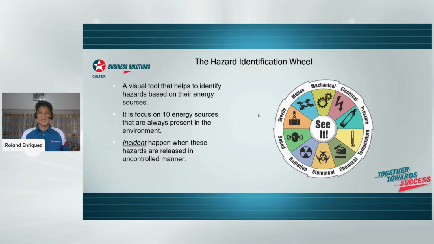If you touch an exposed electrical wire, there's a potential for you to get electrocuted. Biological, well, a good example is very timely right now, the COVID thing, right? If you are not yet vaccinated and you're not wearing your face shield or face mask, then that is a hazard, the virus around you that has a potential to impact you.